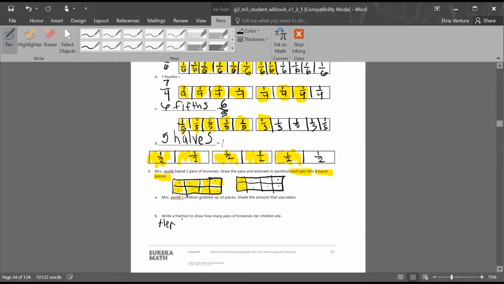Okay, her children, actually, I'm not going to type. Her children ate 10/8 pans of brownies.